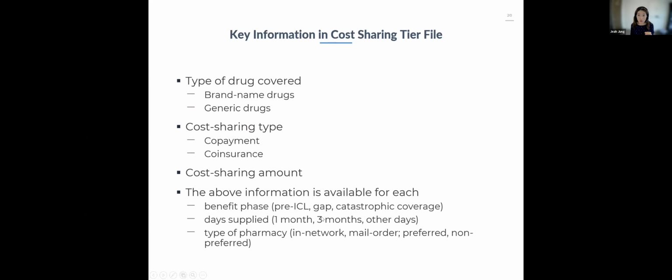Your benefit scheme also depends on how many days you fill the prescription, a 1 month supply or 3 months supply or other days. And your cost sharing may depend on the type of pharmacy you use, whether the pharmacy is in network, whether it was a mail order, or whether it was a preferred pharmacy or not. They may have some preferred pharmacy and non-preferred pharmacy. So all that information is in the cost sharing tier.